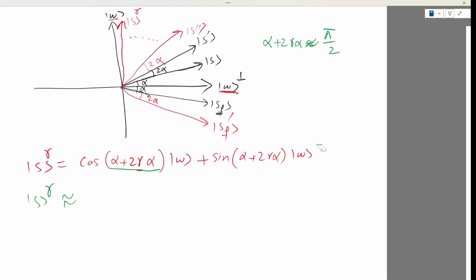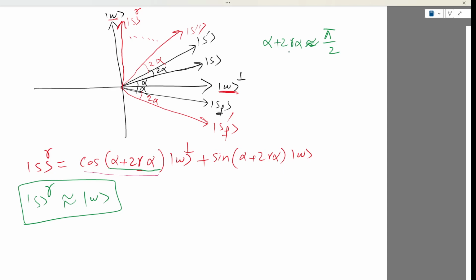So this is perpendicular and this is not. Okay, so after our application, since cosine of an angle near pi by 2 is roughly 0 and the sine of an angle near pi by 2 would be approximately 1, this would be approximately W, and what we would be getting is this state.